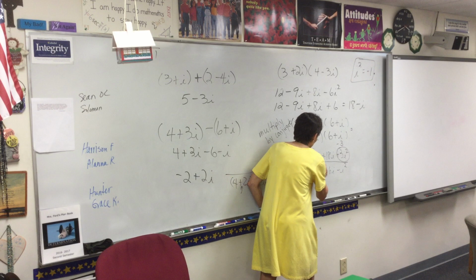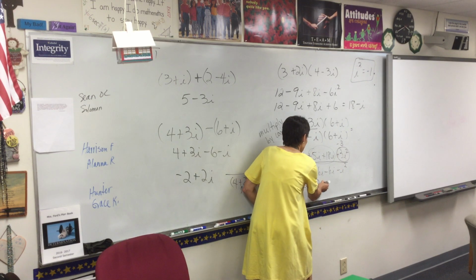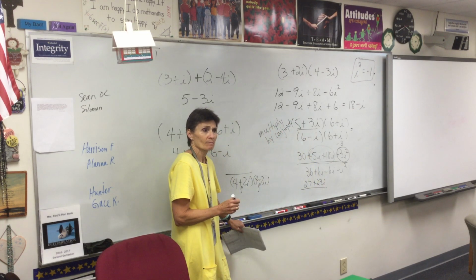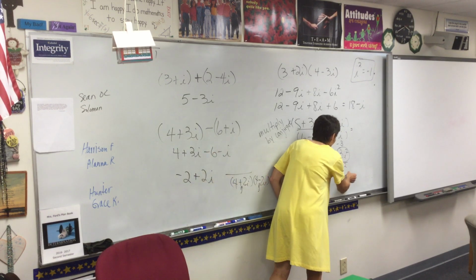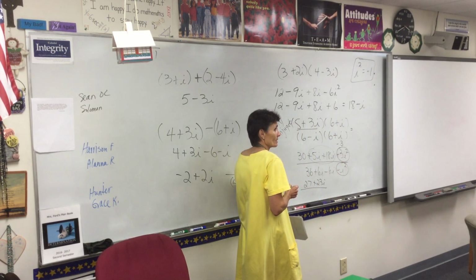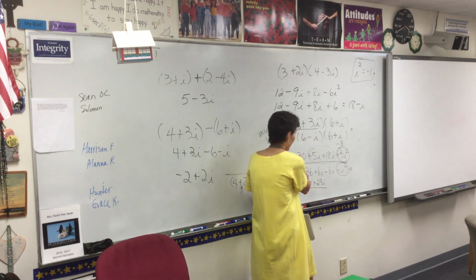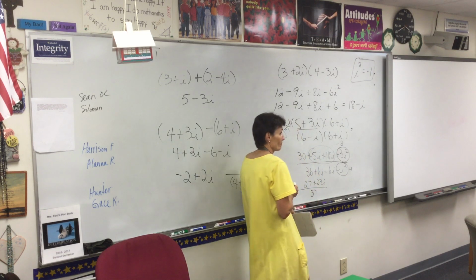And then these two will combine and leave me with 23i. Now what about this? Negative i squared. That's just positive 1, which combines with the 36 to make 37.